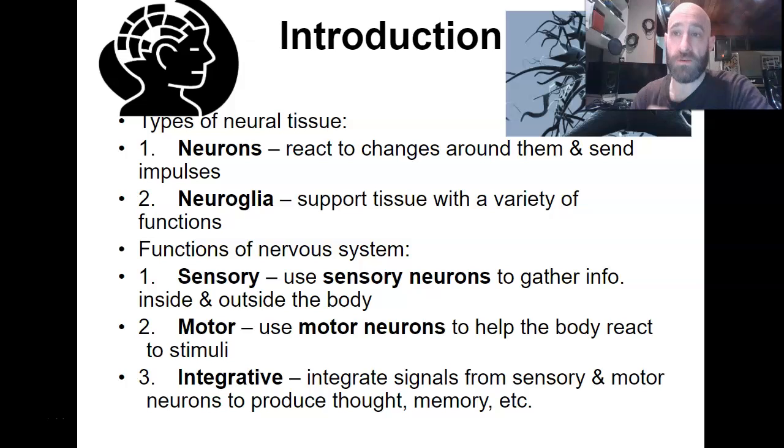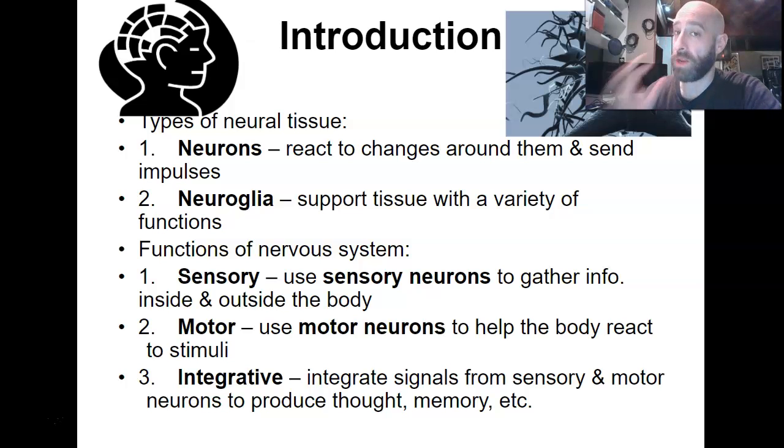When you think of nervous tissue or neural tissue, there's really two types of tissue involved. There's the neurons, which are like the stars of the show. The neurons are what actually take information in and send it somewhere else. So think of the neurons as the actual communication device. But we also have these other cells called neuroglial cells. And neuroglial cells are equally important to the neurons.